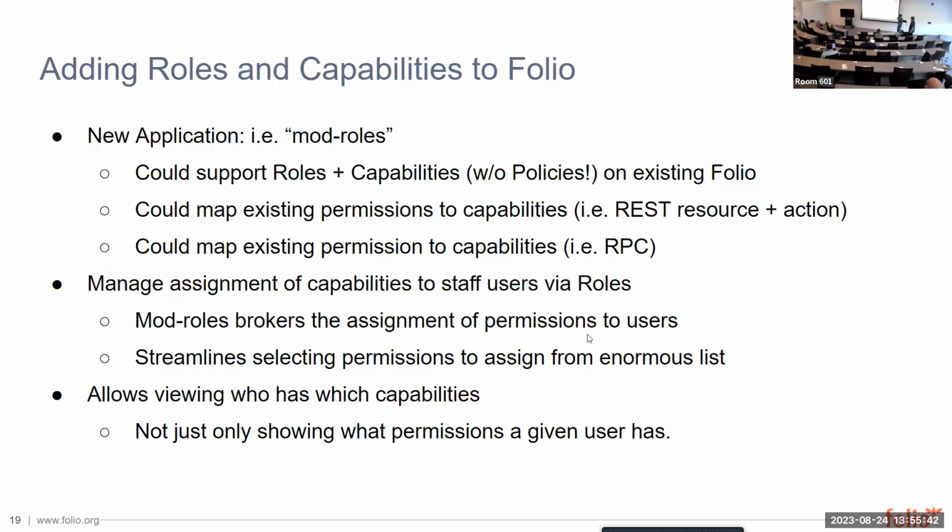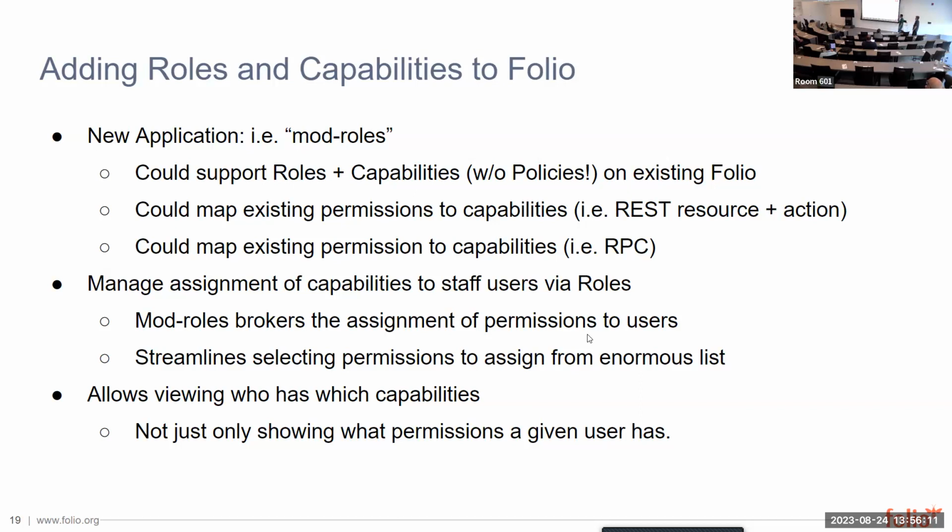Okay, so adding roles and capabilities to Folio. Now that we've gone through what exactly roles, capabilities, and policies are, how might we incorporate this into Folio? We could introduce a new application, a new module, mod-roles, and this could support the roles plus capabilities functionality without the policies.